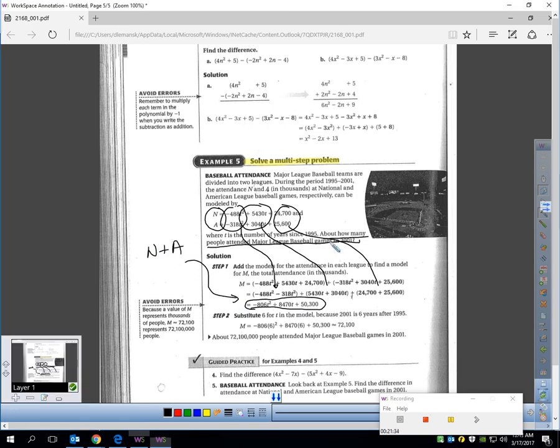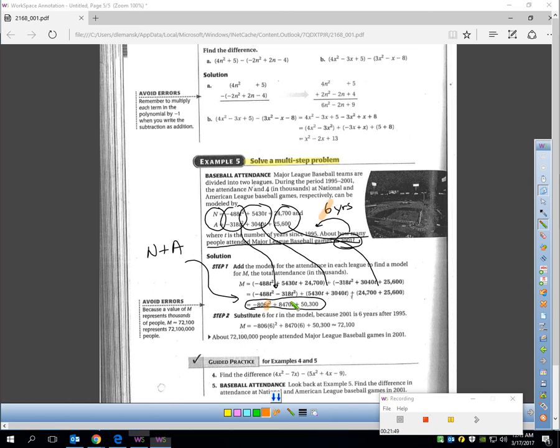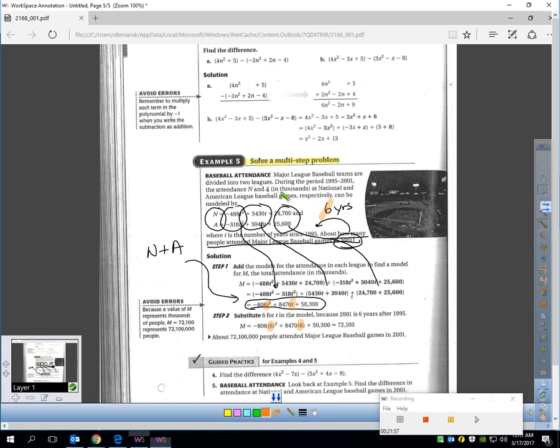Now from here, the year 2001 is 6 years after 1995. So you notice, once they got this expression, they took 6 and plugged 6 in for T here and here. So you can see that they're plugging in 6. And when you do that, you're finding out that in millions, because this, remember, is in thousands, we had 72,100,000 people attending these games.